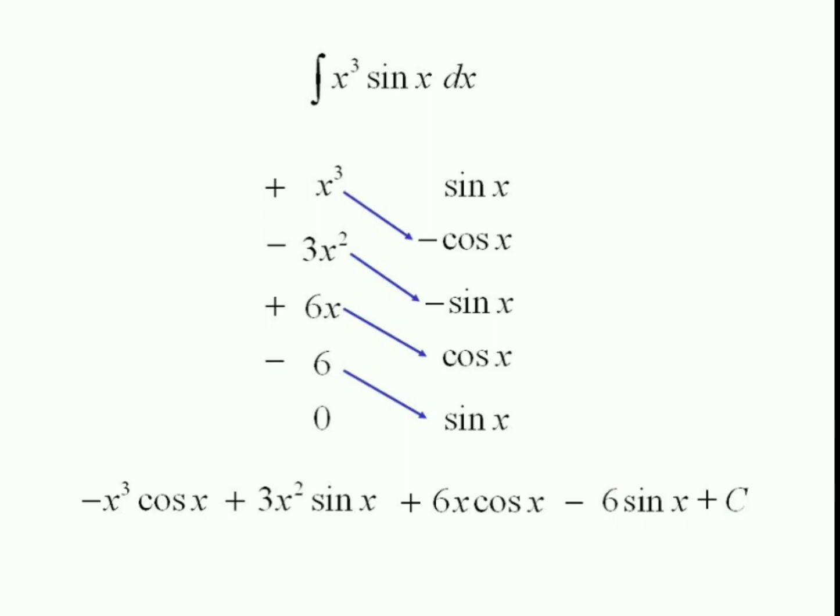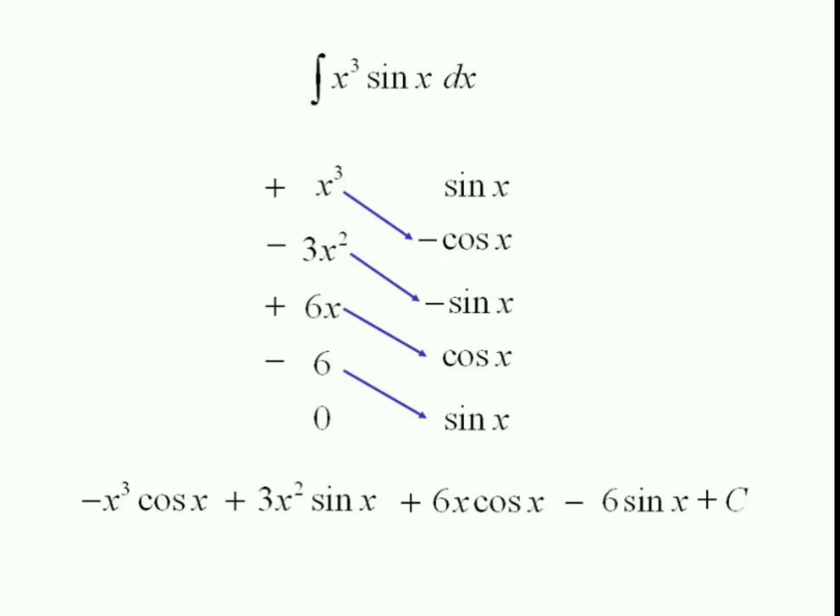Then the second row of the f(x), which is negative 3x squared, and the third row of g(x), negative and negative, so positive. That is positive 3x squared sine x.